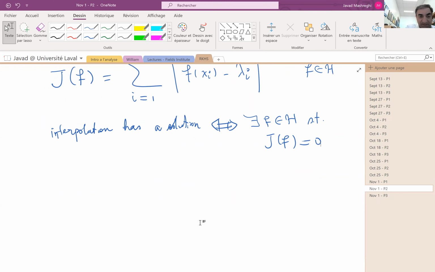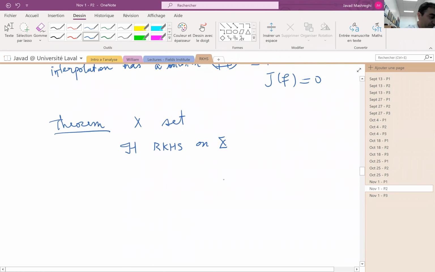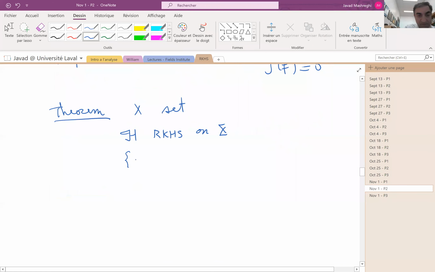And the theorem says, it's a kind of straightforward theorem. Again, the idea is the projection that we saw before. Theorem. Same assumption: X a set, H an RKHS on X, x1 up to xn in X distinct. This is as before.